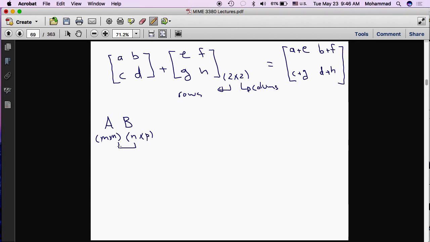So that means, for example, if this is our first matrix, A by B, what is the dimension of this matrix? It's 1 by 2.